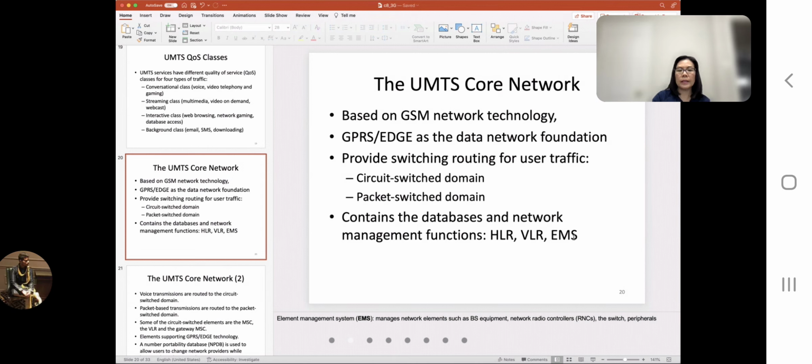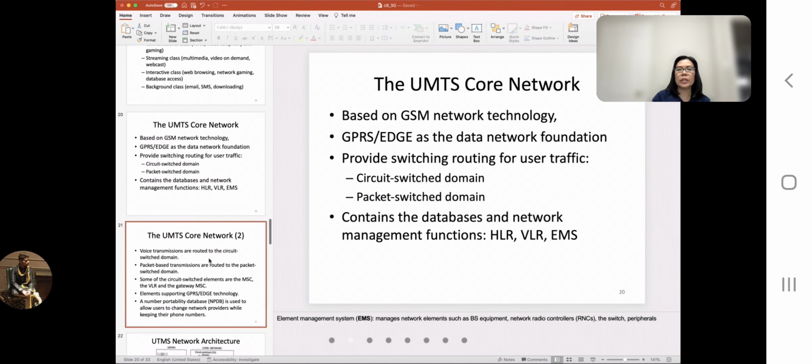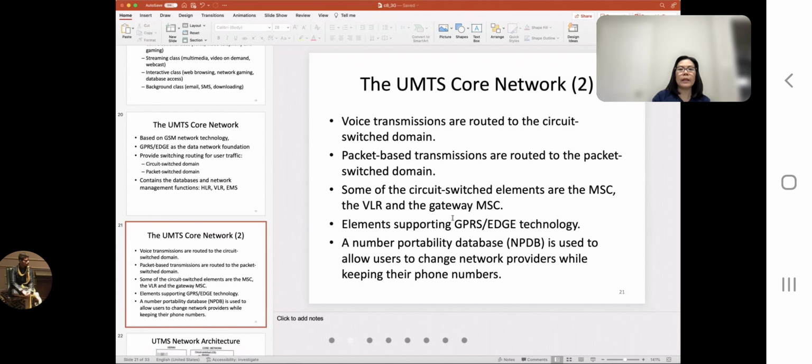So EMS manages network elements and equipment such as base station equipment, network radio controller, switches, peripherals, input-output devices, for example. The voice transmissions are routed to the circuit switch domain.